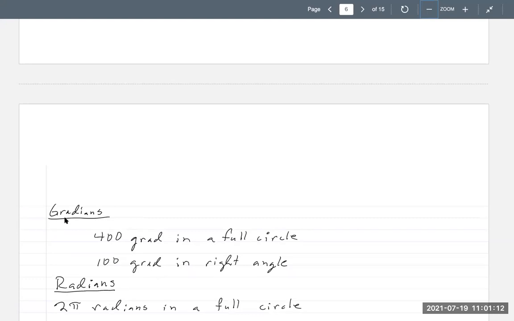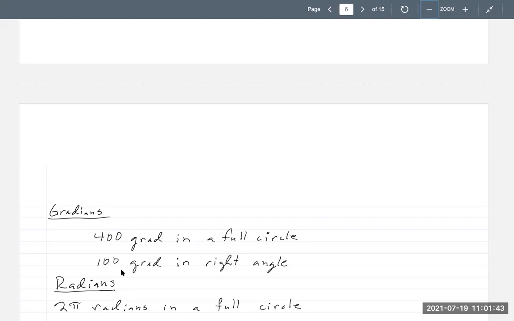Gradians. Another measure of an angle is gradians. These are used only by American civil engineers. There are 400 gradians in a full circle, and 100 gradians in a right angle.